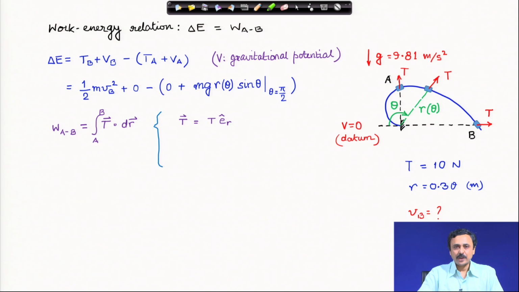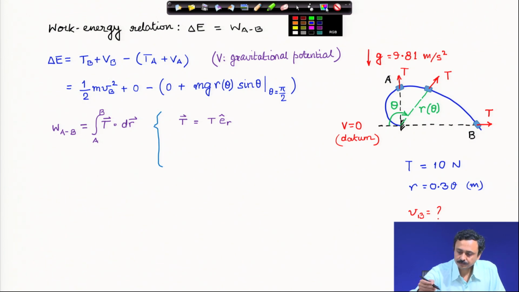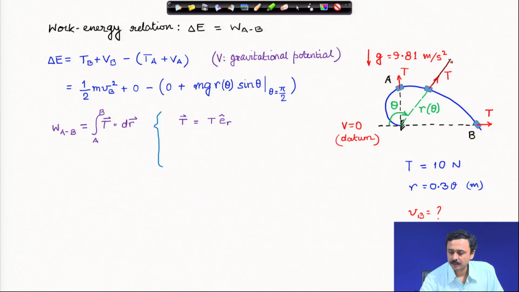The force vector is always acting along the radial line, this is mentioned. Therefore, I choose my E r like this and E theta in the direction of increasing theta.